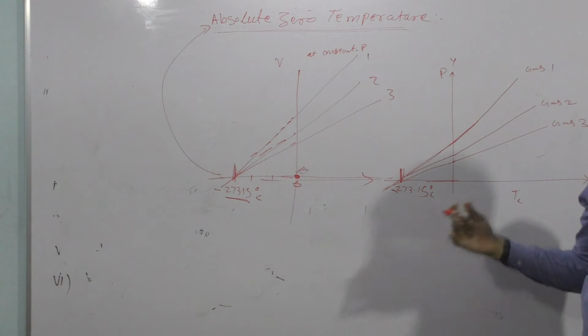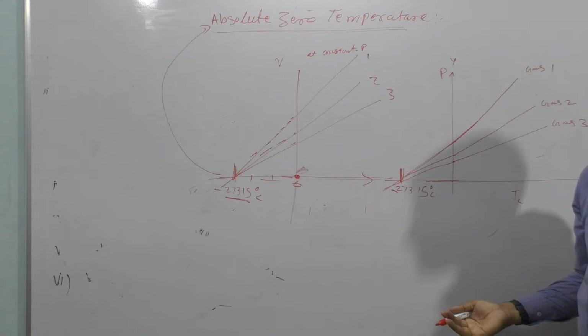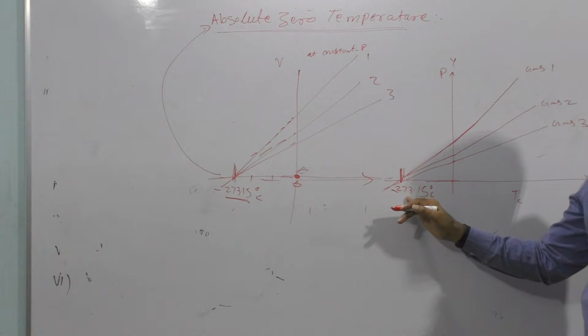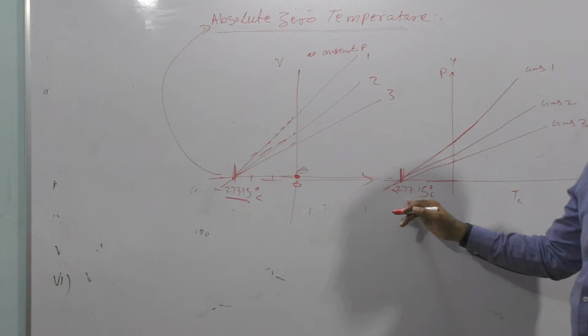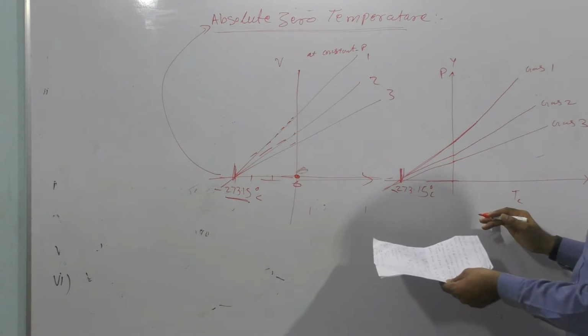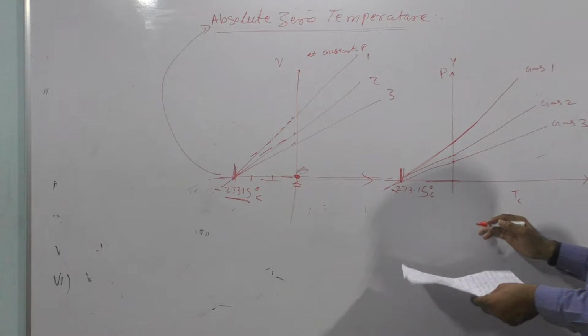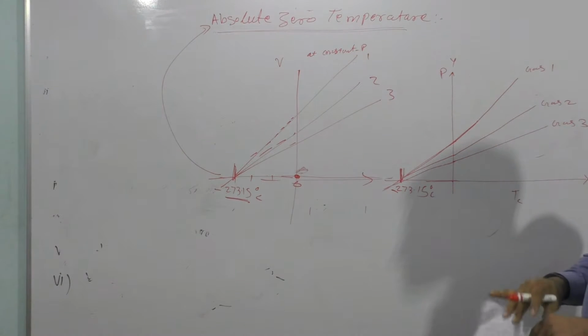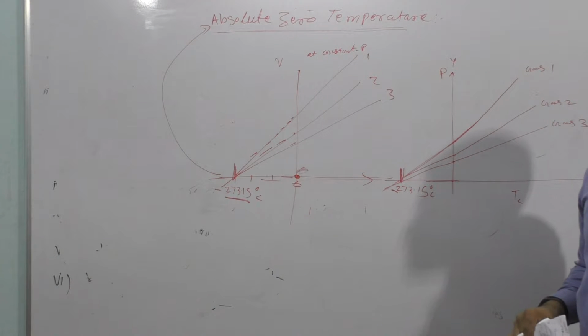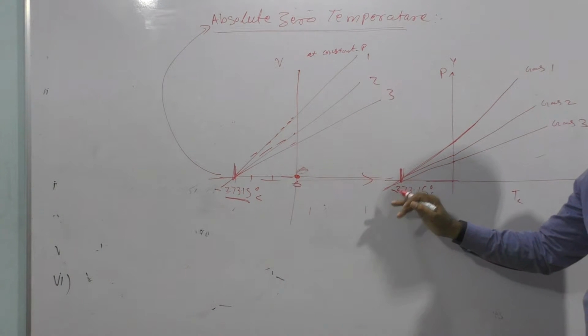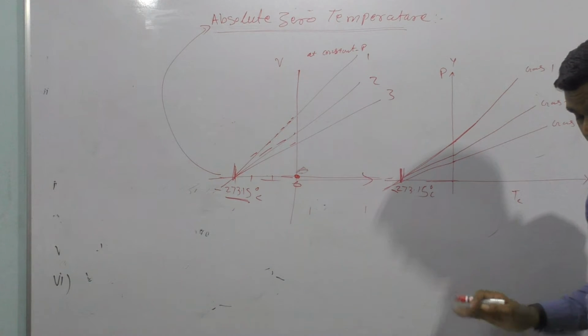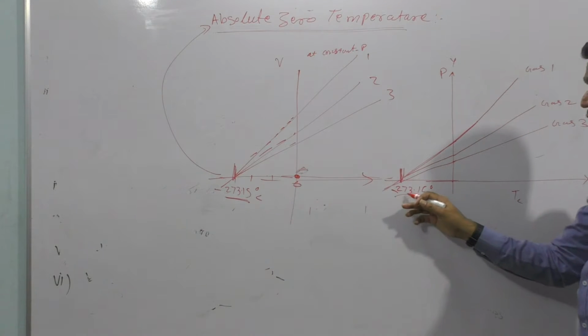The pressure of the gas at this temperature will be, or maybe we say, 0, because practically it is not possible, the pressure of a gas never becomes 0. But theoretically we predict by using the graph and find out the value.